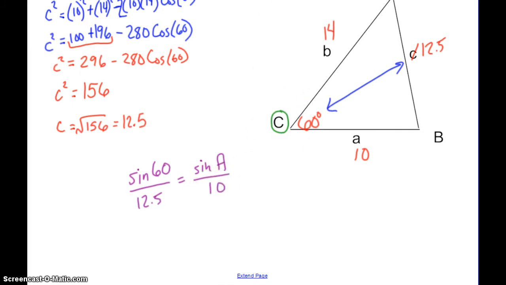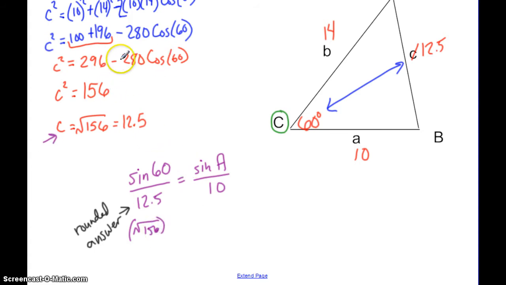Now you will notice that we have to use this rounded answer here, okay? If you don't like to use that rounded answer, we could instead write this as the square root of 156, right? Because that's where it came from, right here. Sometimes you're going to have that option.